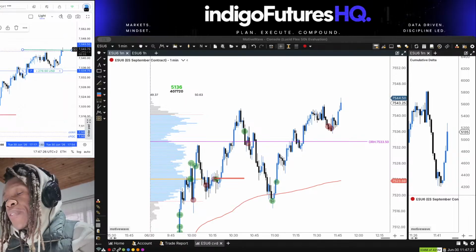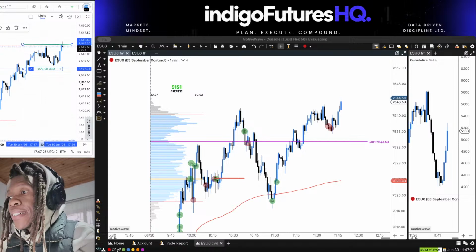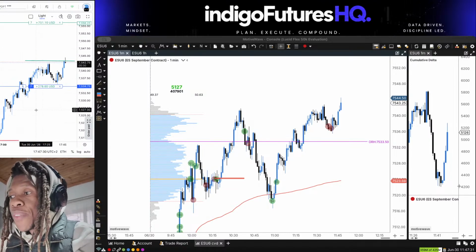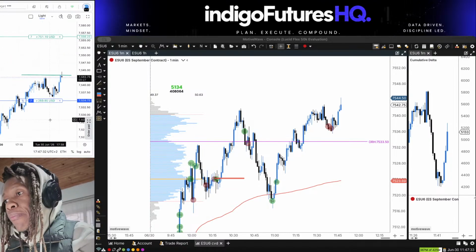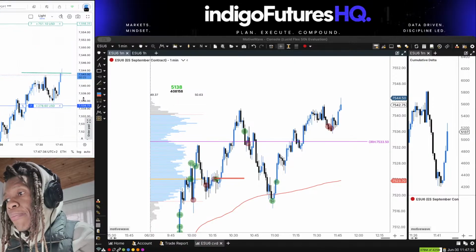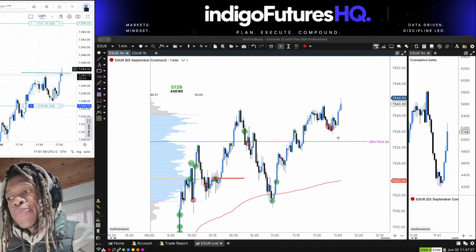543.25. That's our volume node. Yeah, that's our high volume node.